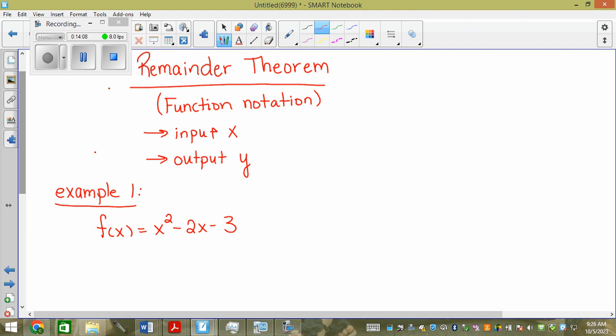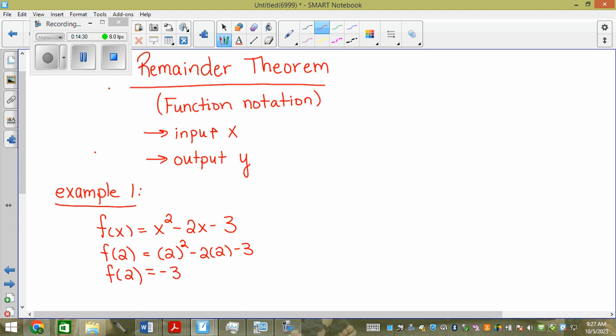If I give you f of 2, what are you going to do? Replace the x's with 2. So we're going to go 2 squared minus 2 times 2 minus 3, which gets me negative 3.